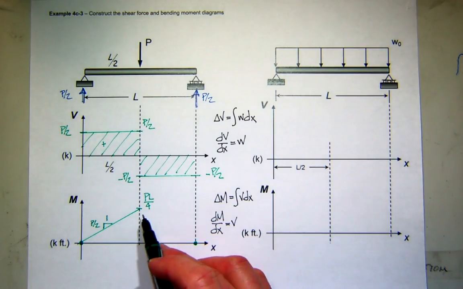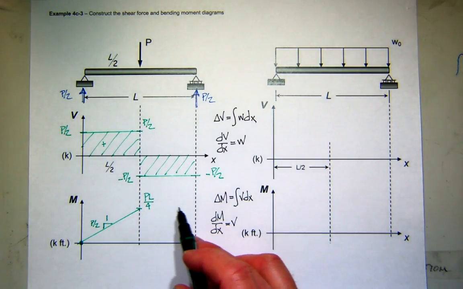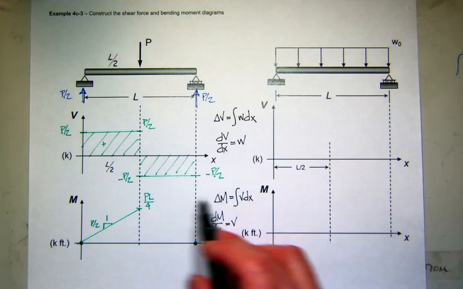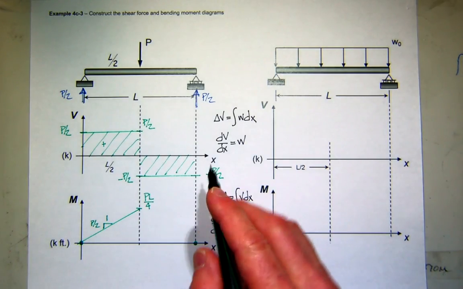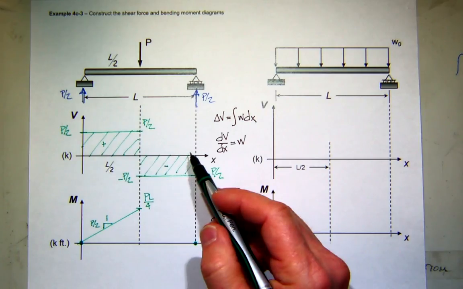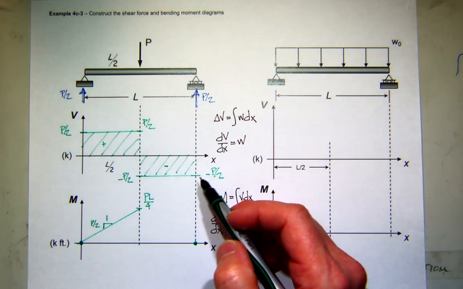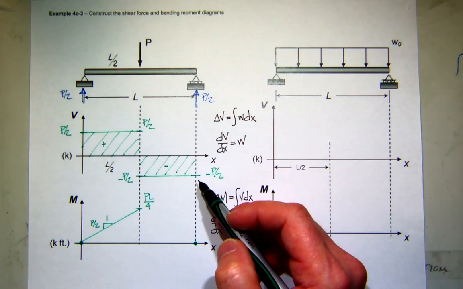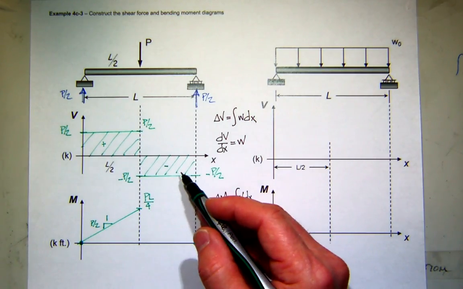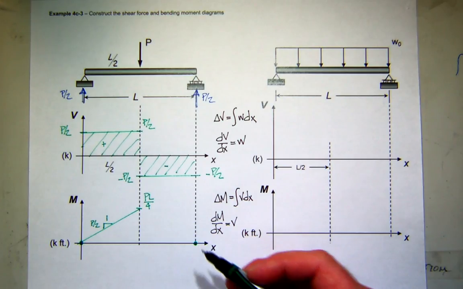So now in the second section, what's the change in moment? Well, it says it's equal to the area of the shear diagram. Well, what's the area of the shear diagram there? Well, it's negative. Again, it's a rectangle, so base L over 2 times height negative P over 2. That's negative PL over 4. You start with PL over 4, subtract PL over 4, you get 0.